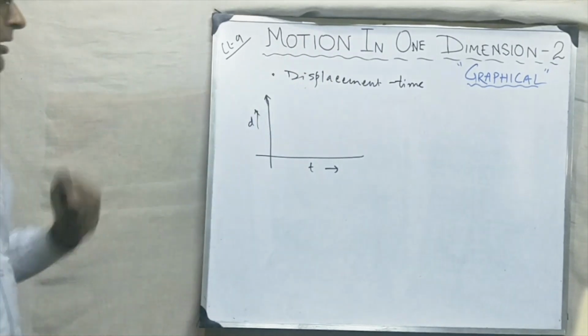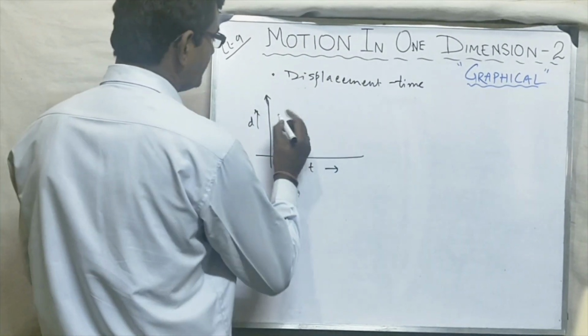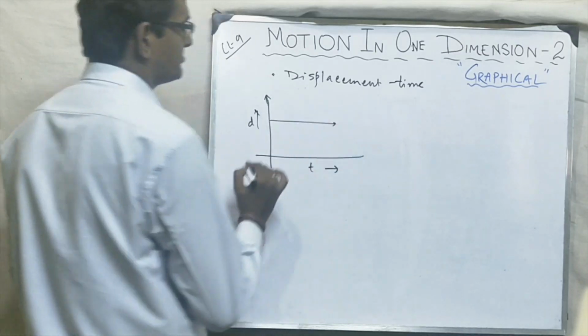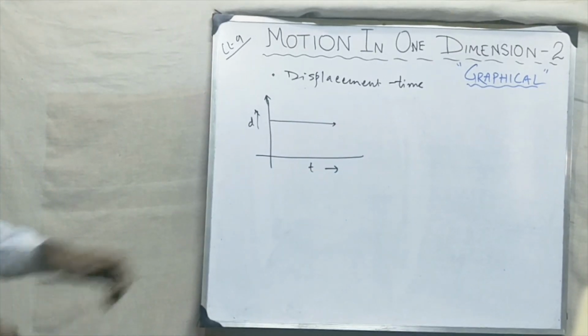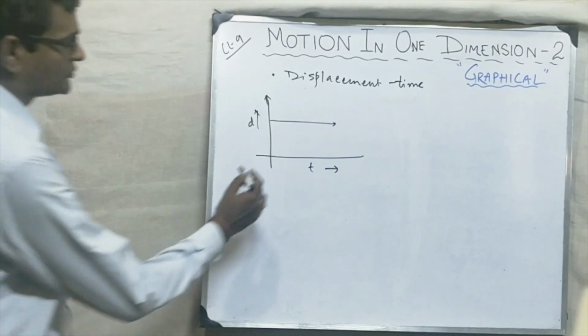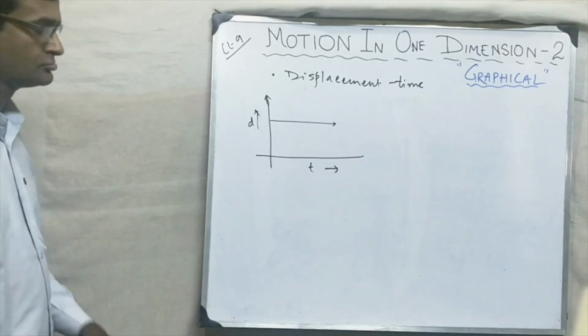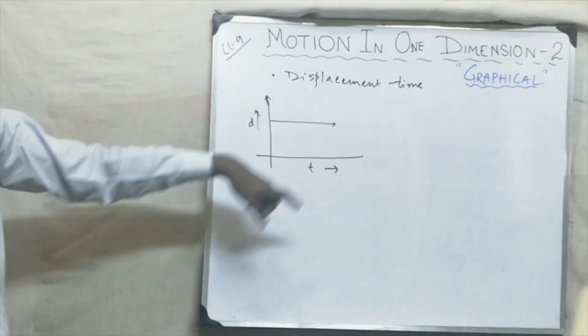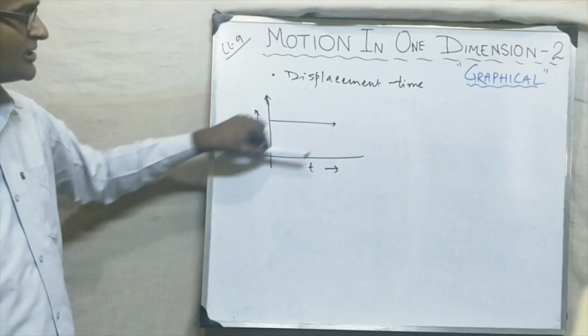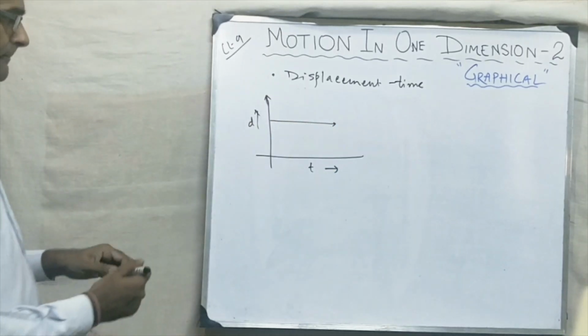Now see, if the displacement time graph is horizontal, parallel to the time axis, what does this mean?